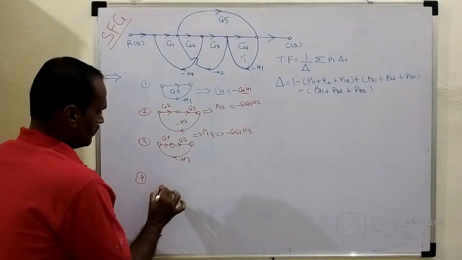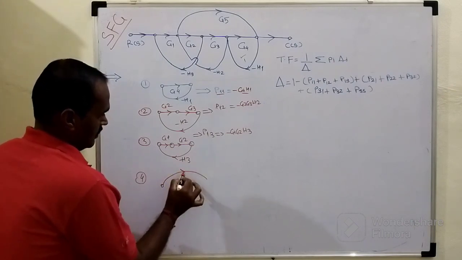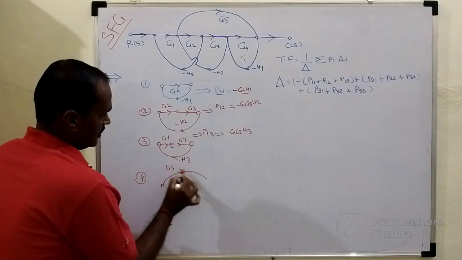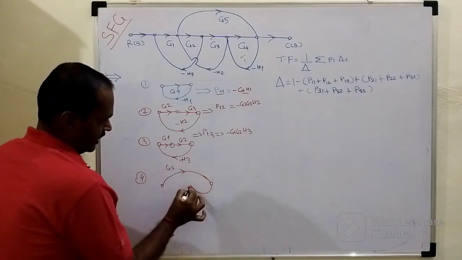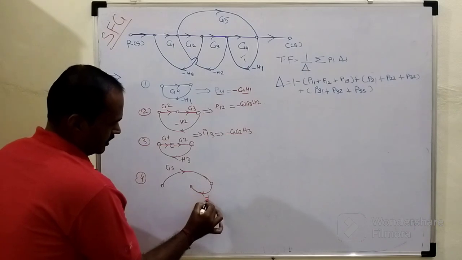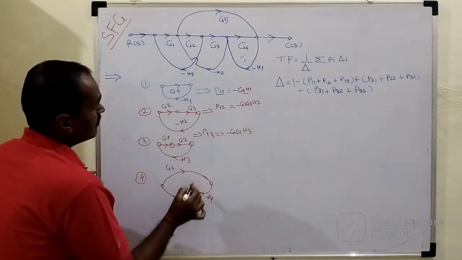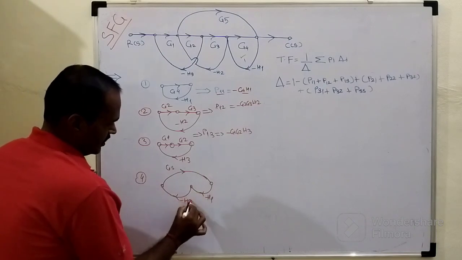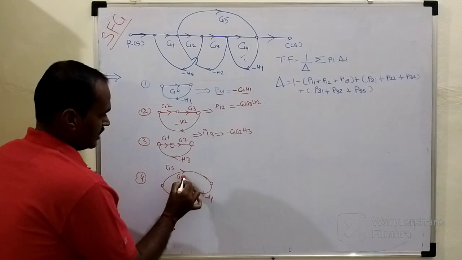Here I will draw. This forward path is G5, right? Then through this feedback element we come across this, that is minus H1, and from here with the help of this minus H2 we will come across to the point from where we had started.